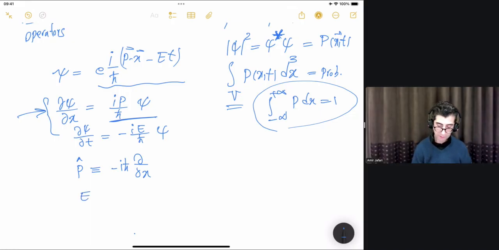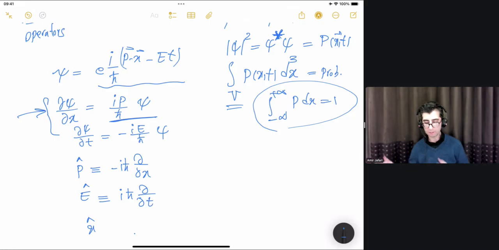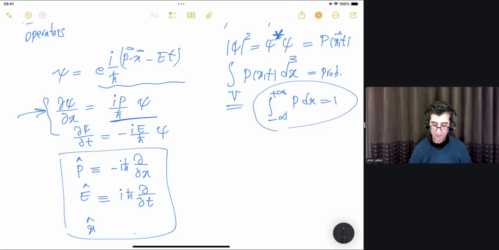And also for E as an operator, you can get a differential operator. And x remains x in the position representation. We're not going to go into details. So this is what you get for this wave. Because we are representing particles as waves, we get this picture that momentum, energy, and position itself are differential operators, or matrices in the Heisenberg picture, but we're not going to talk about that.